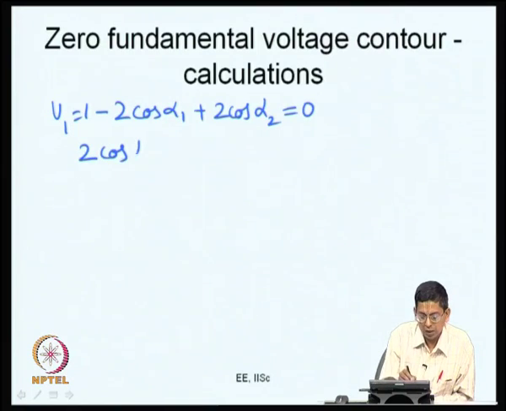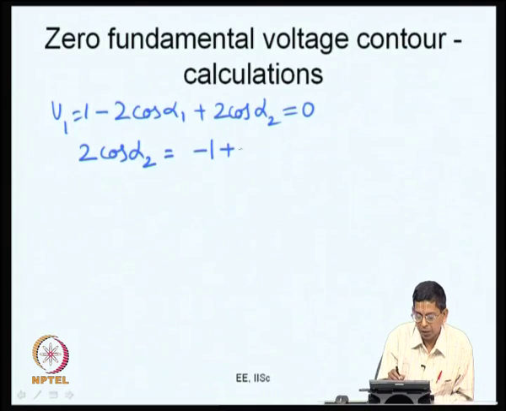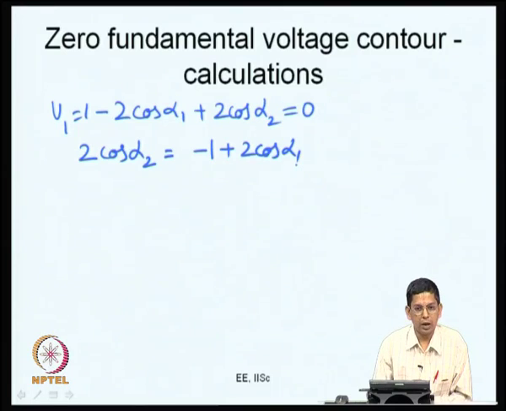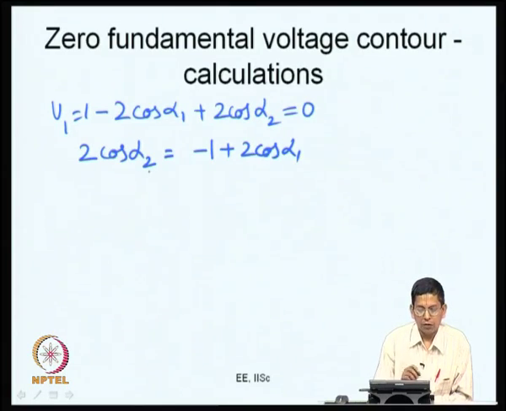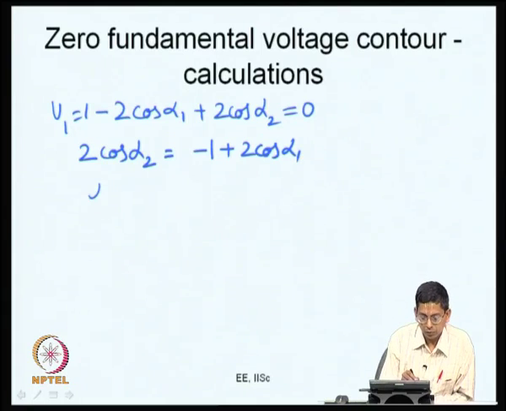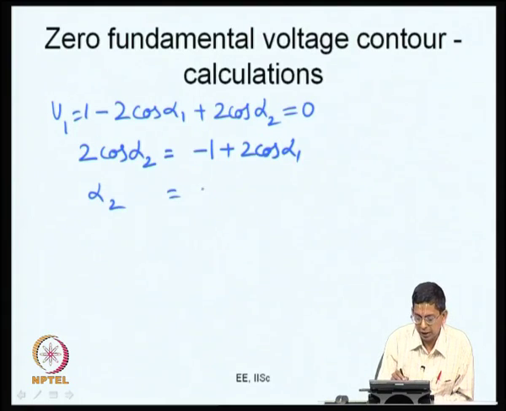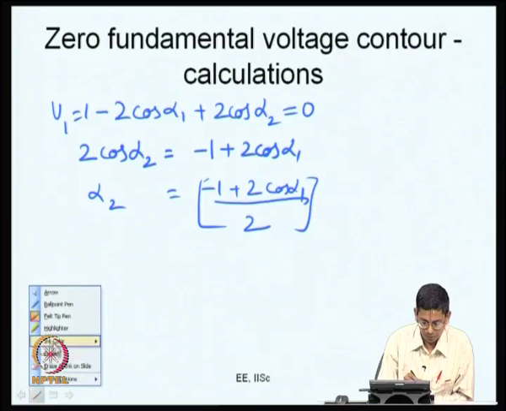Basically, your 2 cos alpha 2 is minus 1 plus 2 cos alpha 1, and cos alpha 2 is half of that.